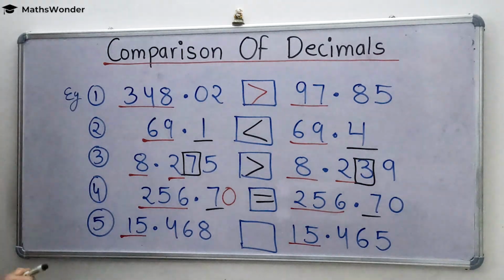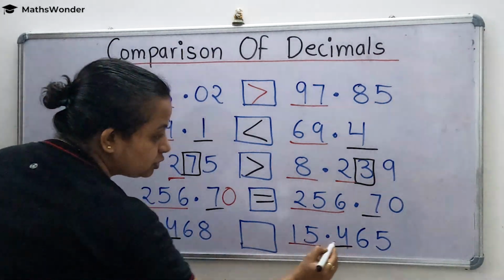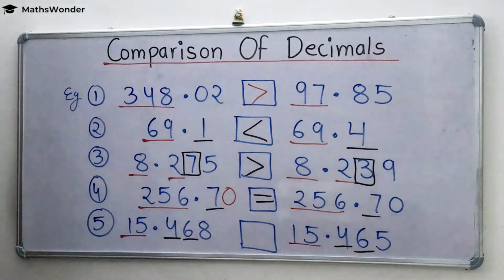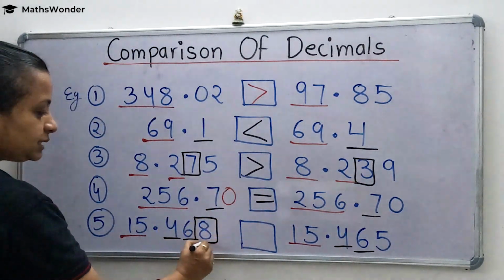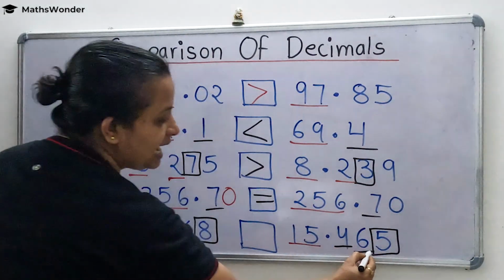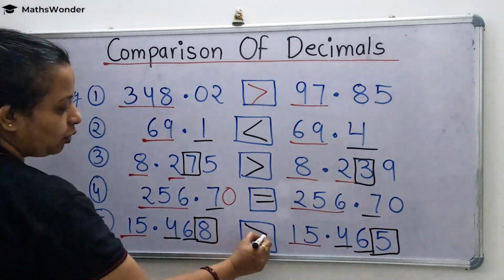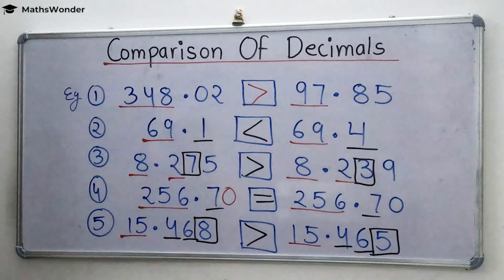The tenths digit is also the same. Then the hundredths place is also the same. Now check the thousandths place: 8 and 5. Which is greater? 8 is greater. So this number is greater than the other one. Any confusion in the comparison?